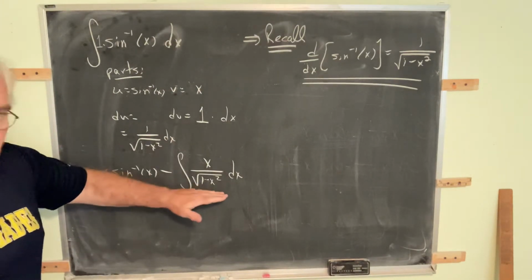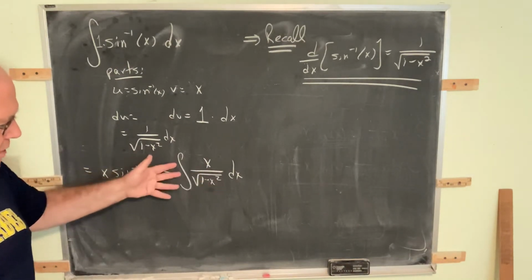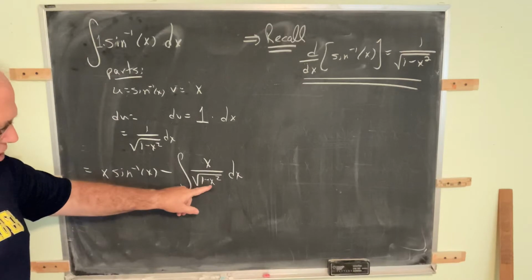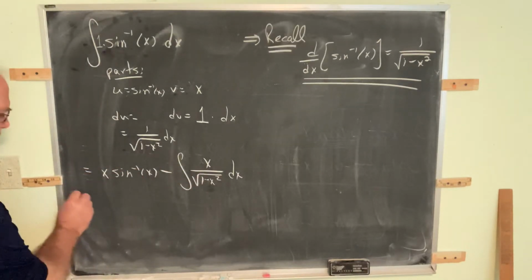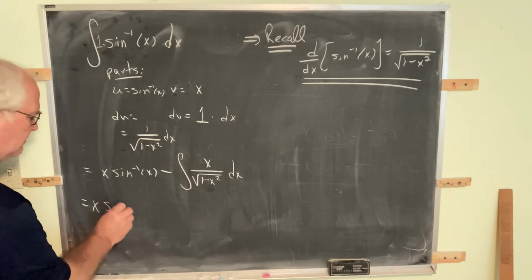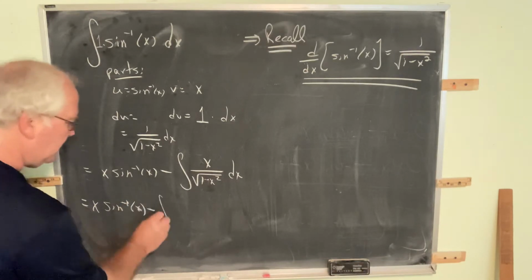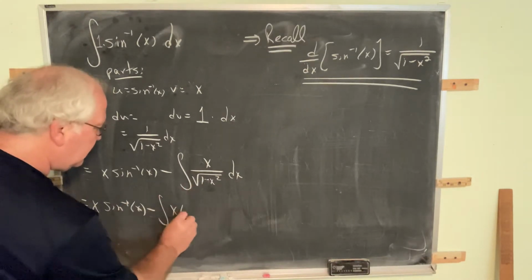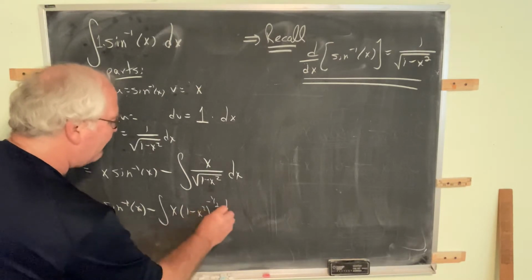Now, this integral is not brutally difficult. This is a Calc 1 integral. That's an ordinary U substitution because we notice we have degree 2 here, and this is degree 1. So I'm going to rewrite this as x sine inverse of x minus, and then I'm going to rewrite this as x times 1 minus x squared to the negative 1/2 power.